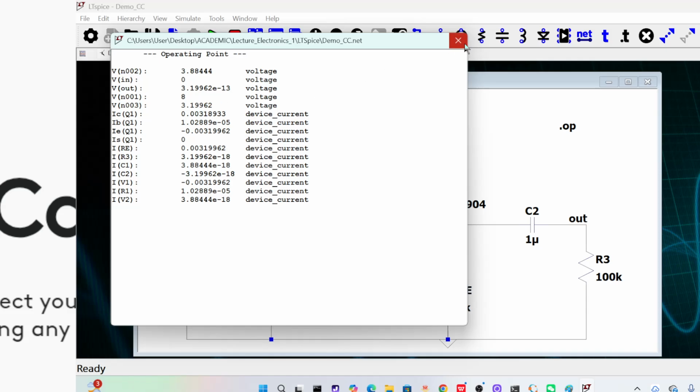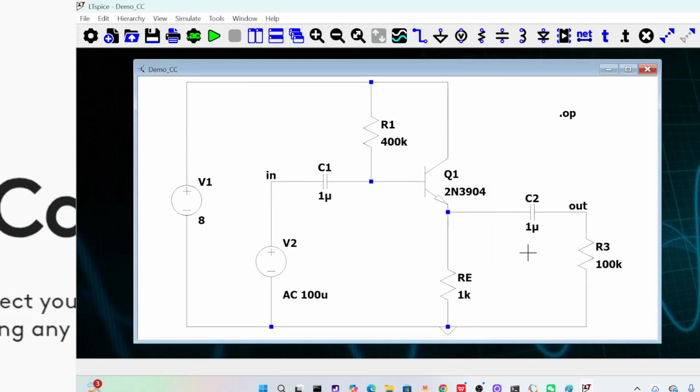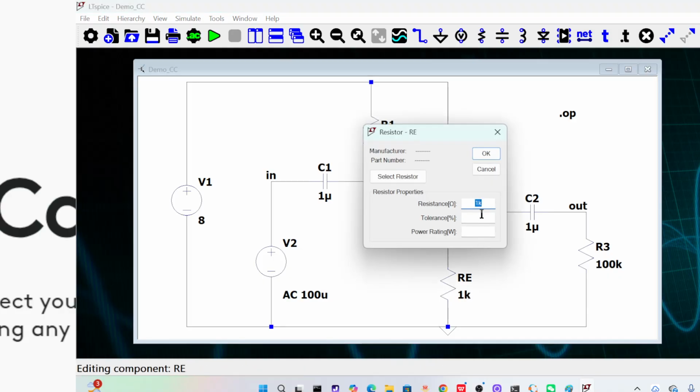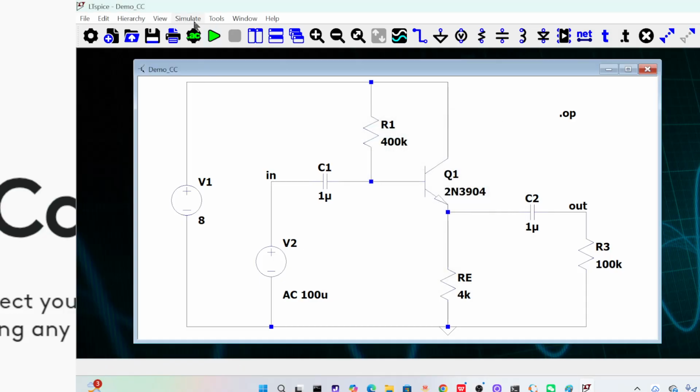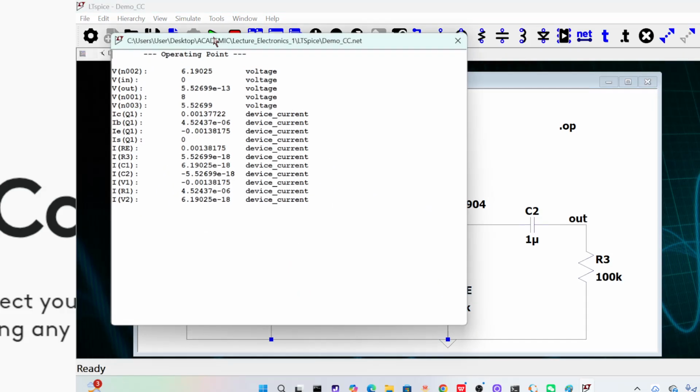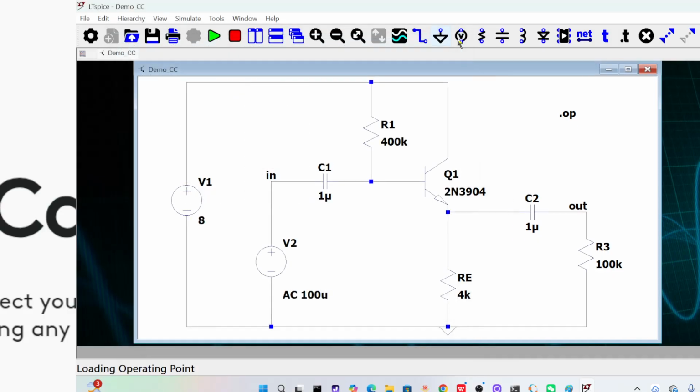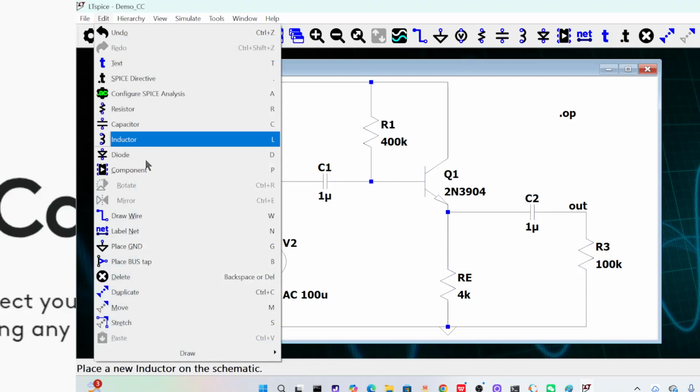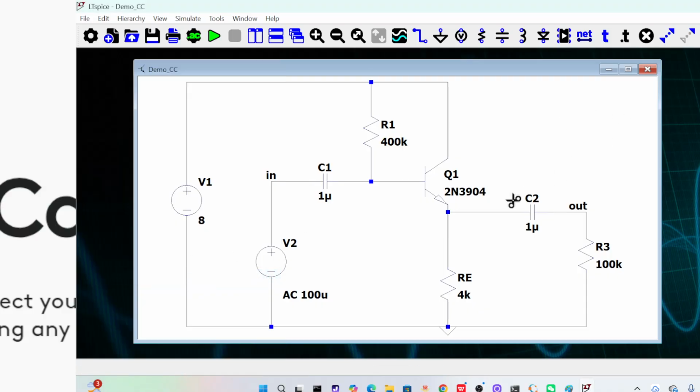So we have 3 milliamp. I think it's good enough. It may be better to make it lower. So from what I can get here, it is about 1.3 milliamp. So I believe this biasing point is very optimized. Okay, so the DC biasing is done.